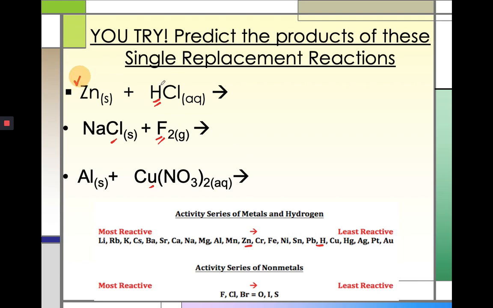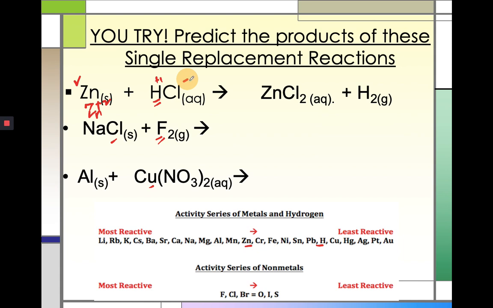And so what will be our product? We end up with ZnCl2 because the charge of zinc is Zn plus 2, and then HCl is H plus 1 and Cl minus 1.